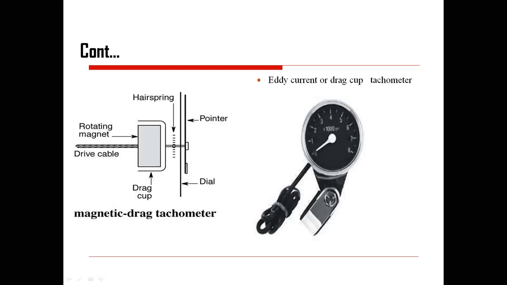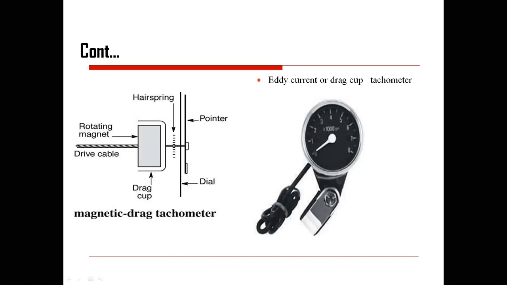So this drag cup is generating an opposing force, exerting a force on the spring, and tends to move the pointer on the dial gauge. So you directly get the output on the dial gauge.